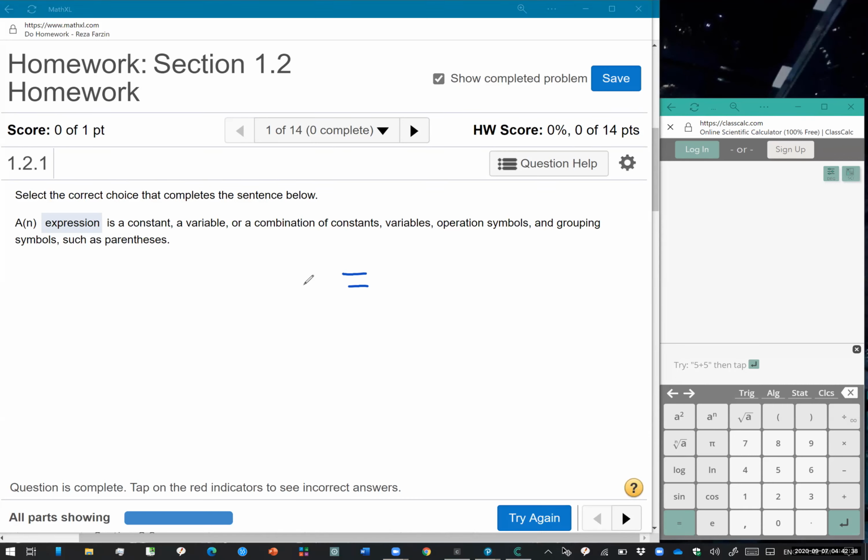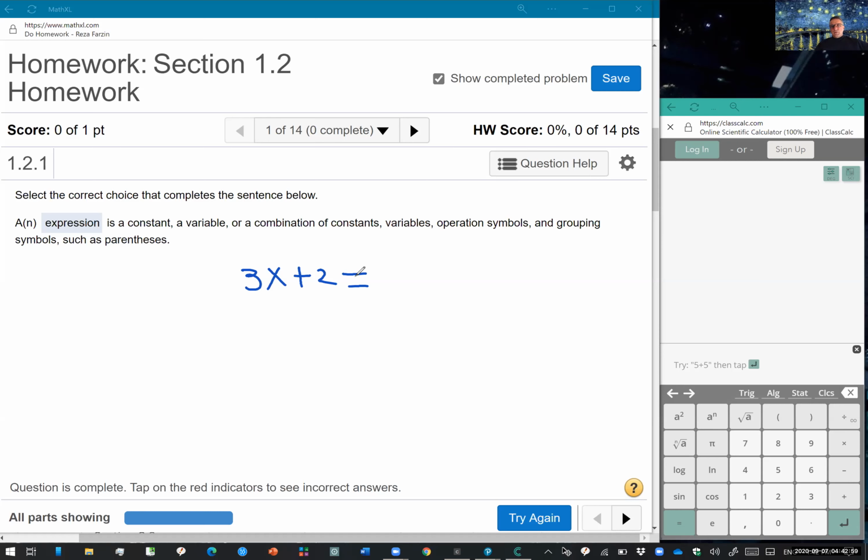Right. Sometimes people get confused. If I write this and ask some students, is that an equation or an expression? They'll see the equal sign and incorrectly say equation. But remember, it's not enough to have an equal sign.